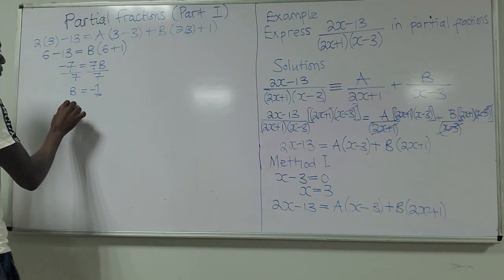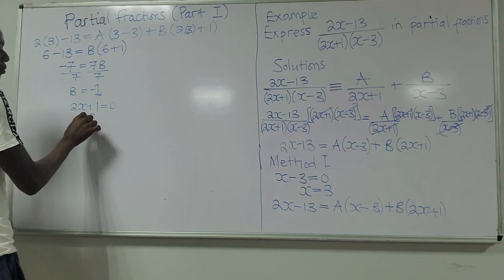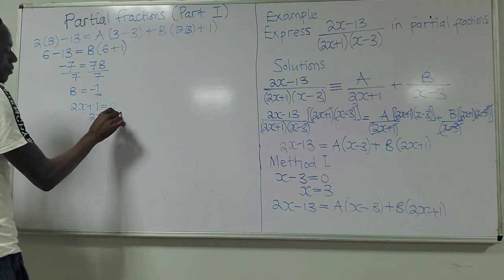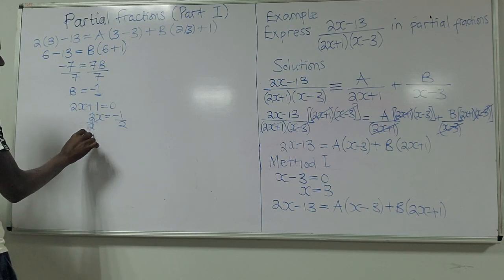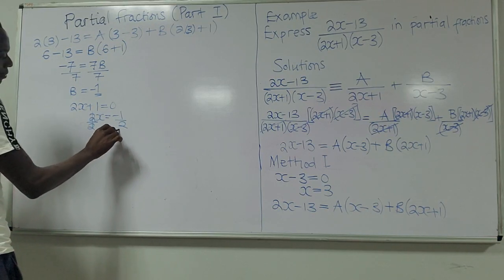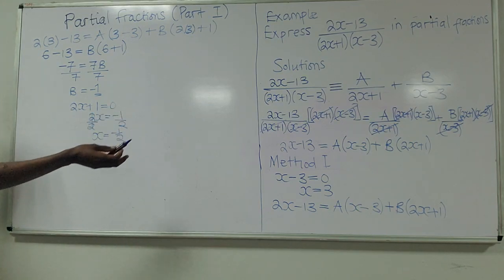So we get 2x plus 1 is equal to 0. And this will be 2x is equal to negative 1, divided by 2, divided by 2. Our x becomes negative 1 over 2. So from here we can see that we substitute now again into the equation.